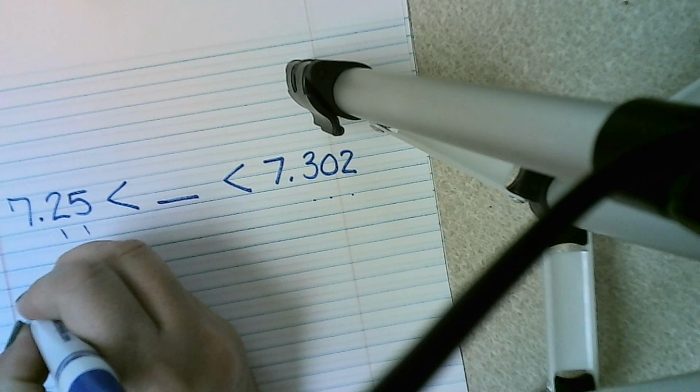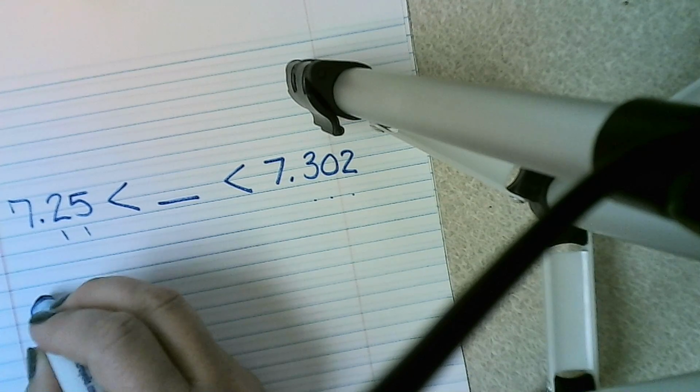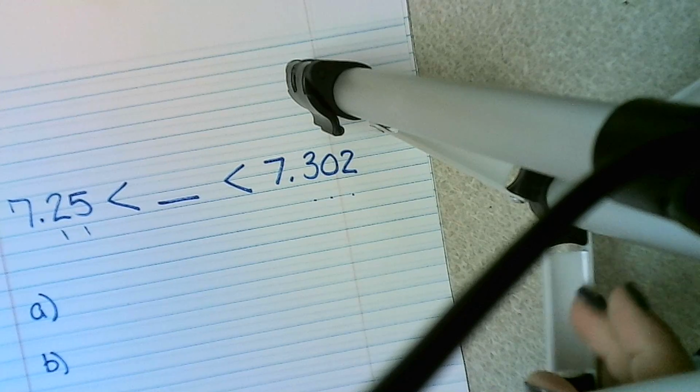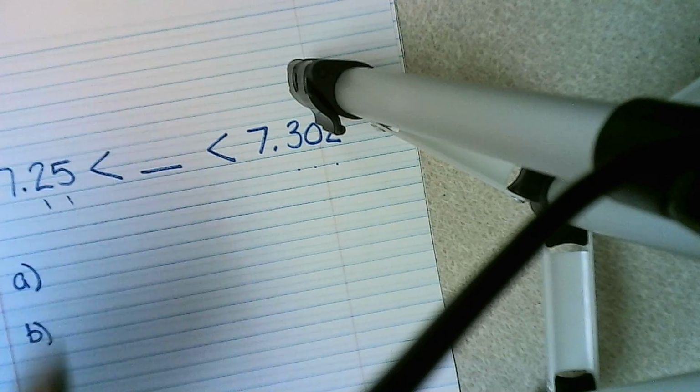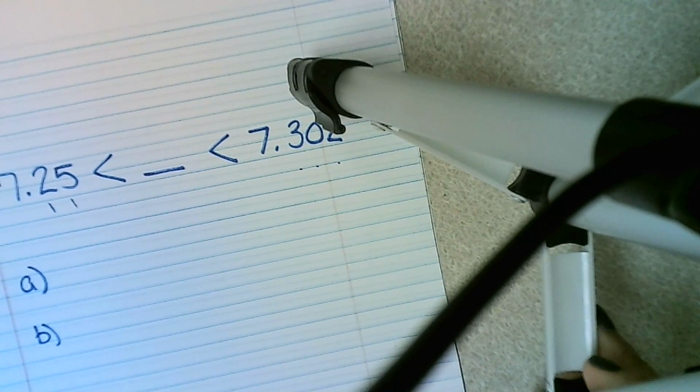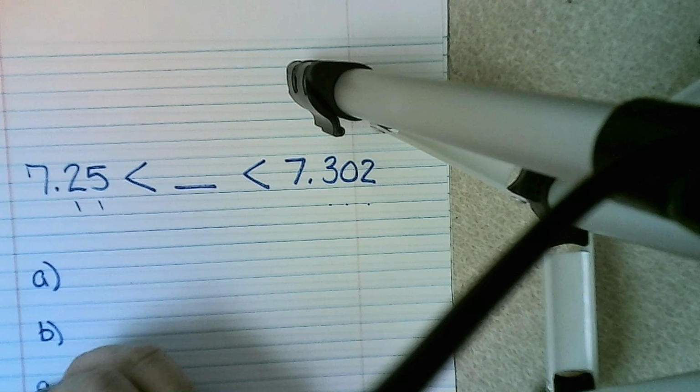So let's look at some of our options. Now with this, you literally need to look at all the options systematically and make the best choice. Anytime you have multiple choice, you need to look at all the options and pick the best answer. Okay?